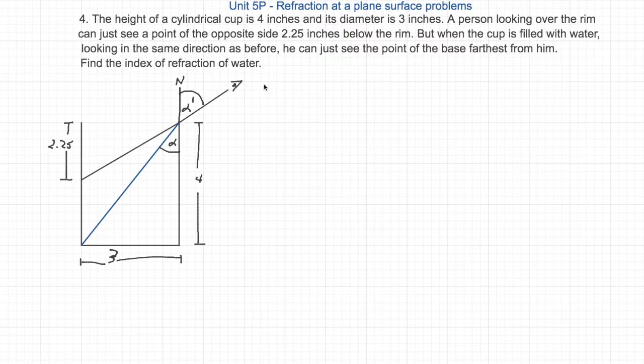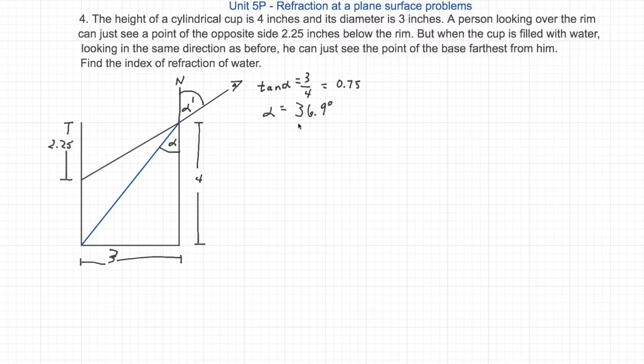So we can calculate the angle of incidence, alpha, with the formula the tangent of alpha equals 3 divided by 4, opposite over adjacent. That equals 0.75, and the angle that corresponds to a tangent of 0.75 is 36.9 degrees.